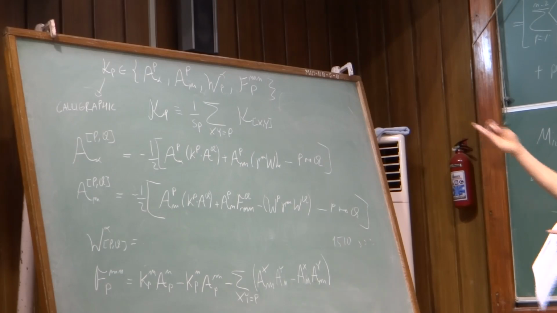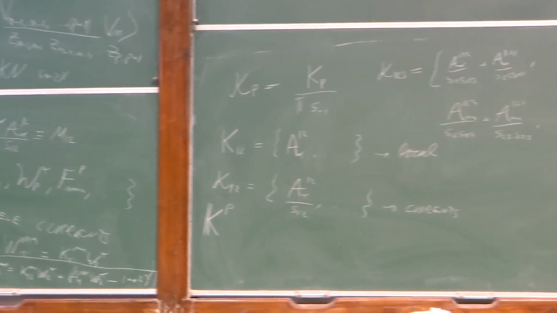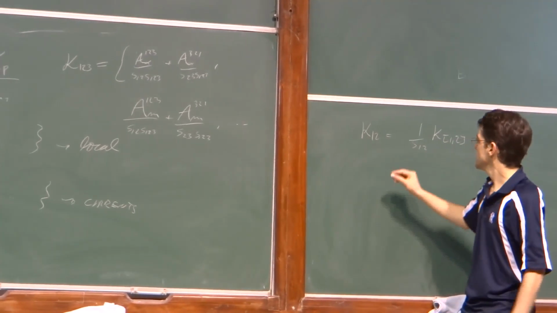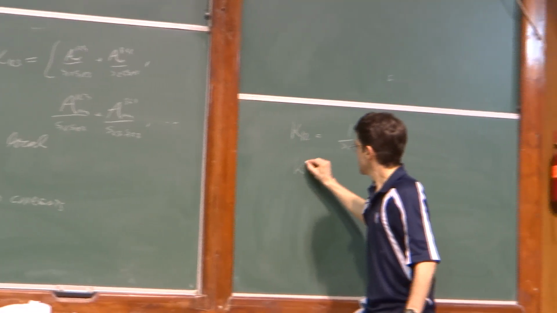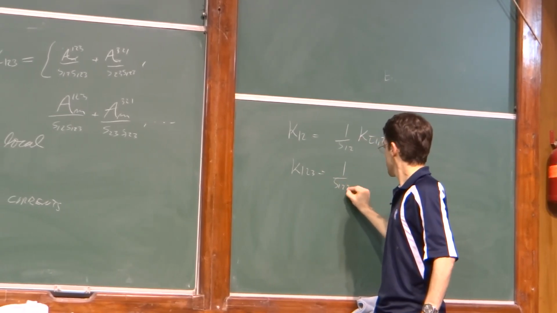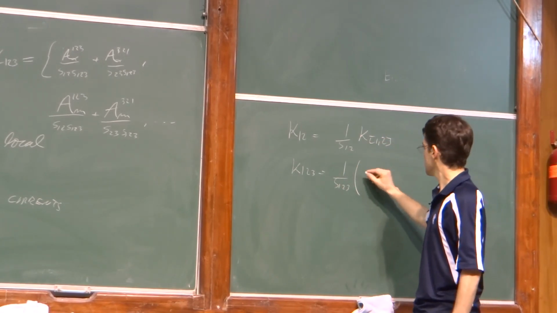So, for example, from that recursion over there, you will get that K12 is S12 over K12, for K any of the superfields, and then K123 would be S123, and now deconcatenation of the guys.